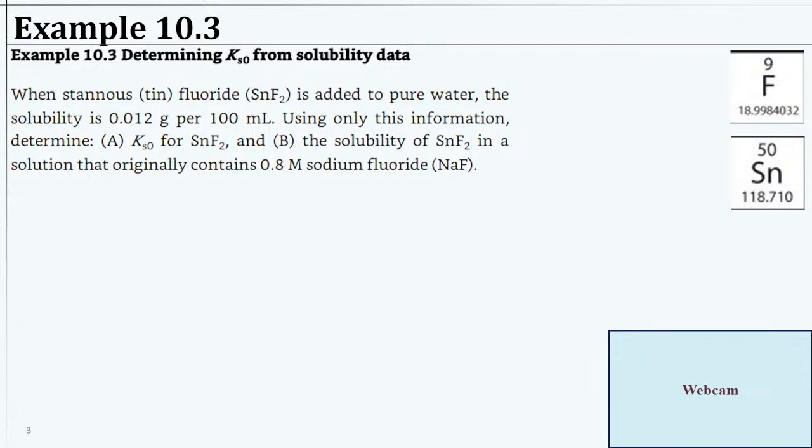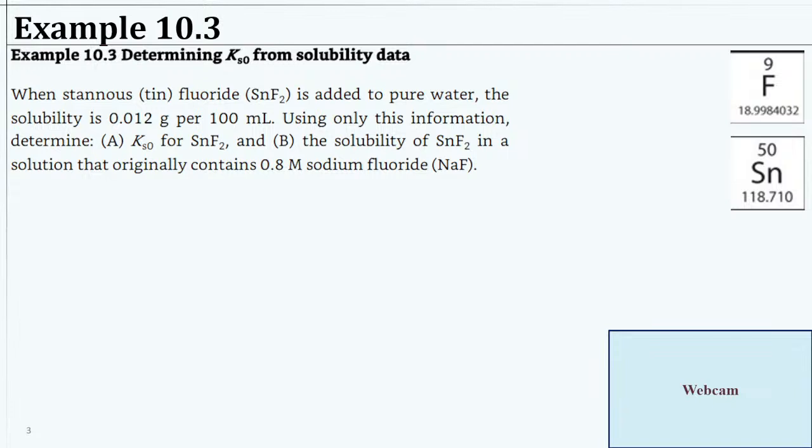Using only that information, see if you can calculate A, the solubility product, Ksp, for this stannous fluoride, and then B, the solubility of stannous fluoride in a solution that originally contains 0.8 moles per liter of sodium fluoride. So that's the common ion effect.